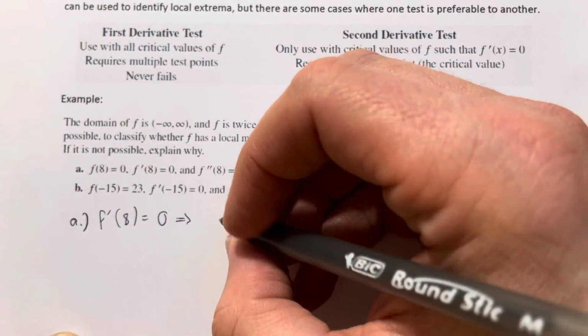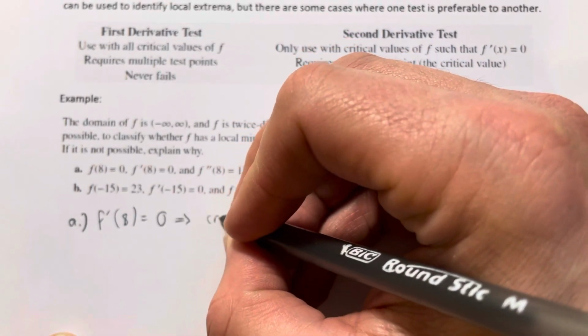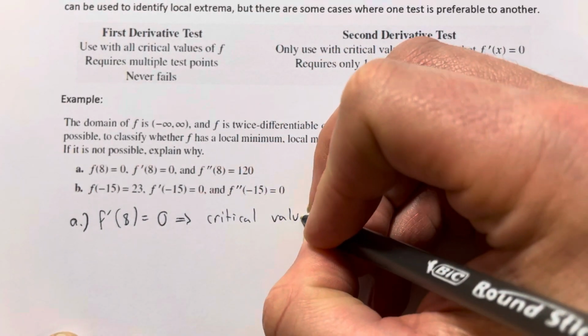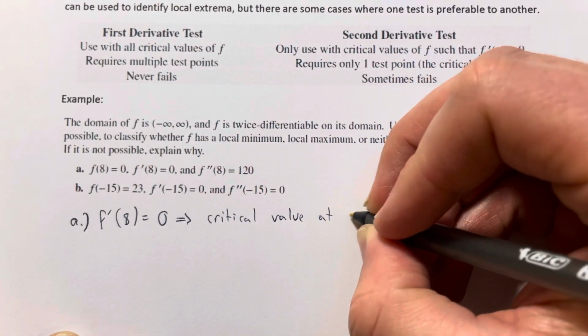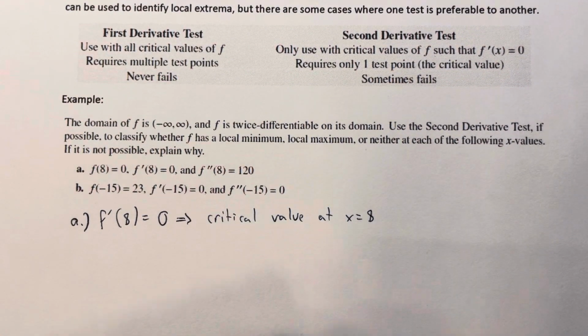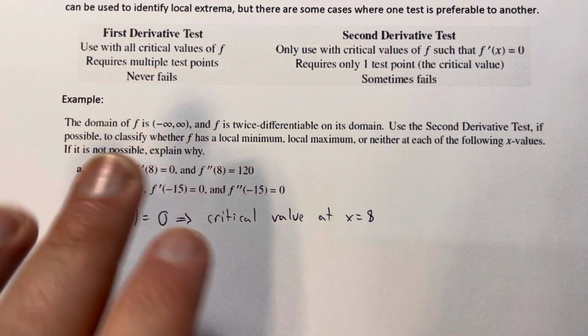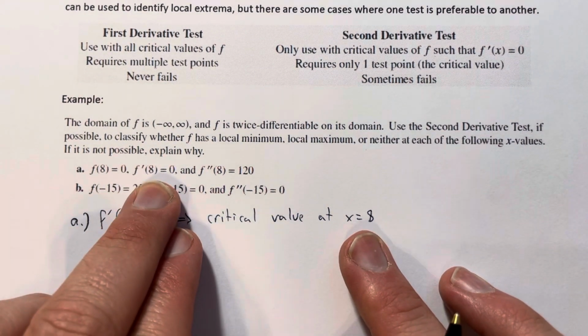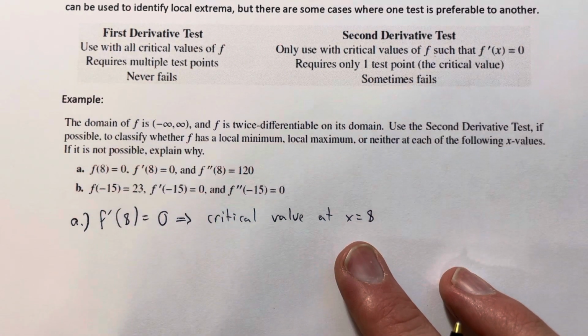implies that there is a critical value at x equals 8. So x equals 8 is a critical value. Remember, whenever our first derivative is equal to 0, that's one of the places we get critical values. Specifically, it's the type of critical value that I want to see if I'm going to use the second derivative test.